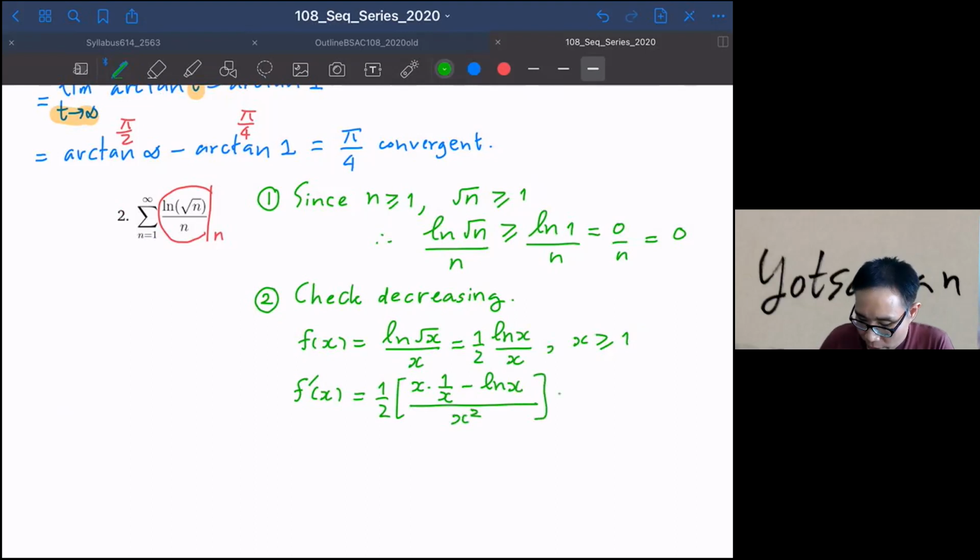And you see that this turns out to be 1 minus log x over 2x squared. The bottom here is positive, and since x is more than 1, this is negative.